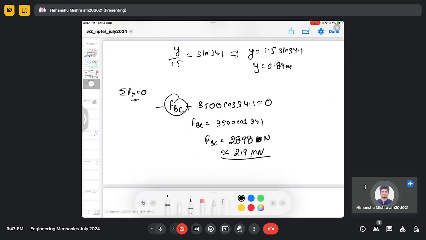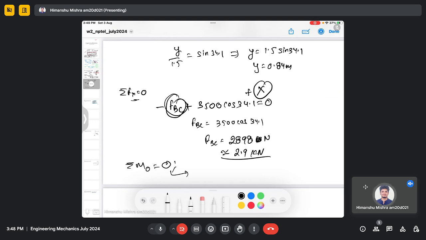Now let's say you have one more unknown quantity, let's say it's x. So there are two unknown quantities now, FBC and x. In that case you need to use the third equilibrium condition, which is the summation of moments about any point equal to 0. When you write this equation, it can be given in terms of FBC, x and some known quantities.